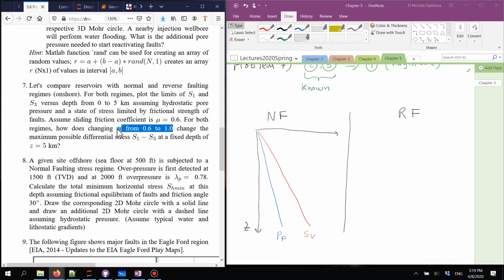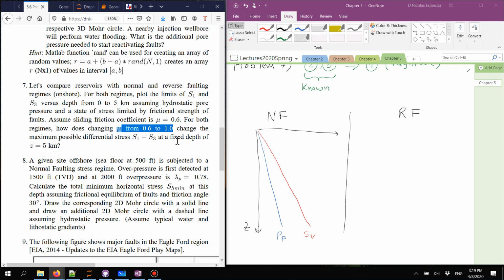The lower the friction angle, the higher that minimum principal stress is going to be. The bigger the friction angle, the more capacity the rock is going to have to bear that stress anisotropy.